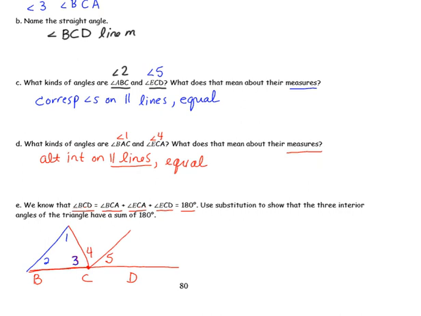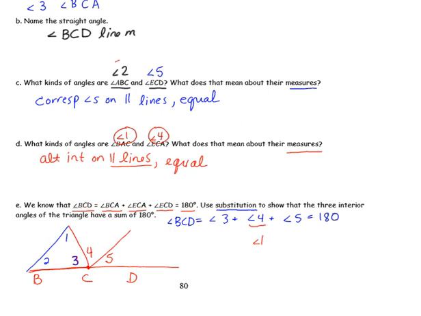So here we had angle 3 plus angle 4 plus angle 5 equals 180 degrees. And those were the 3 angles on angle BCD. So here's what we know. We know that angle 1 and angle 4 have the same measure. So I'm going to replace angle 4 with angle 1.